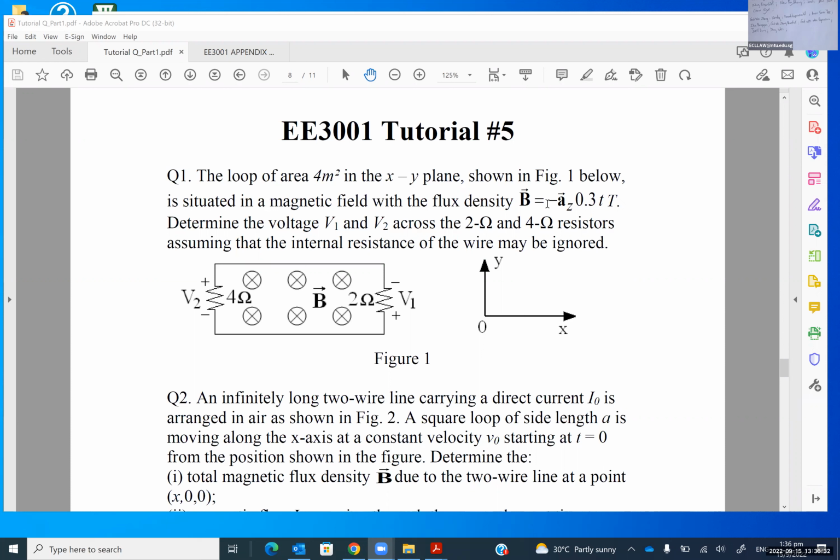What do you think? If this is given to you in XY plane, does it help you? No. Why doesn't it help you?